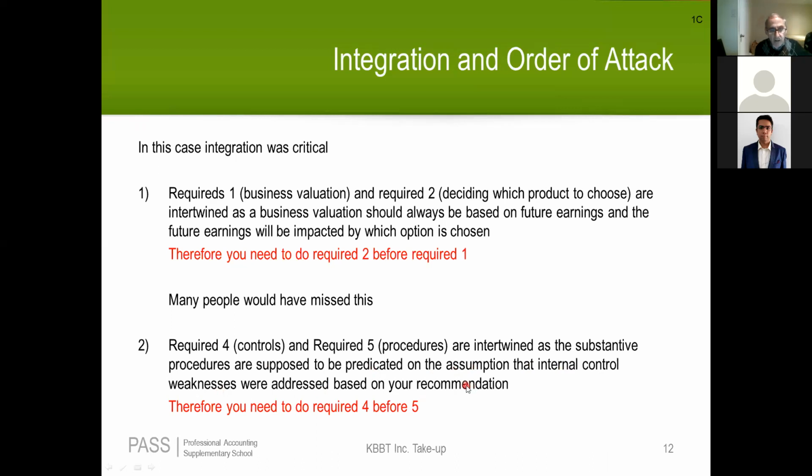So it was vital to do the control required before the procedure required, because you need to know what your recommendations are for improvement, because they need to be taken into account when you do required number 5. So you clearly have to deal with controls, make your recommendations, and then move on to procedures. I imagine most people did that, so this should not have been an issue for very many people.